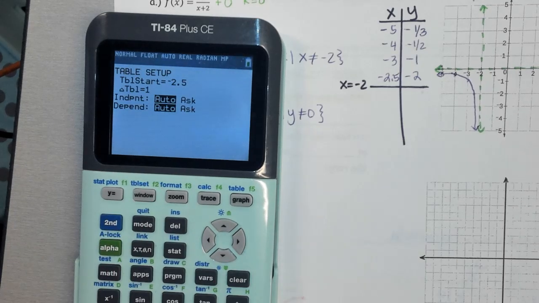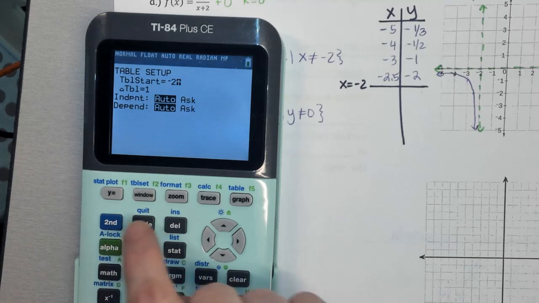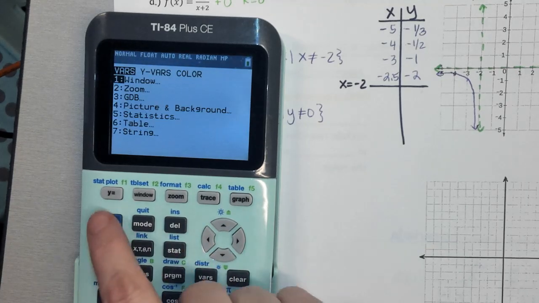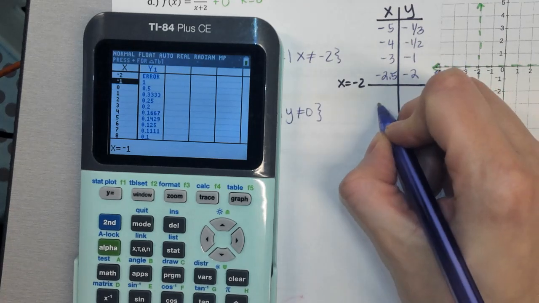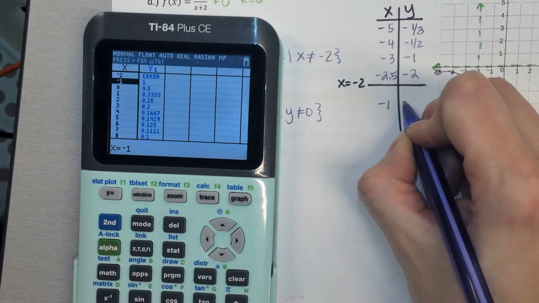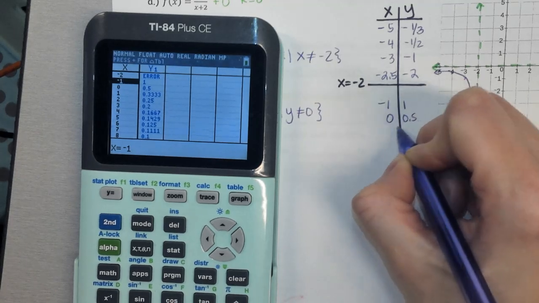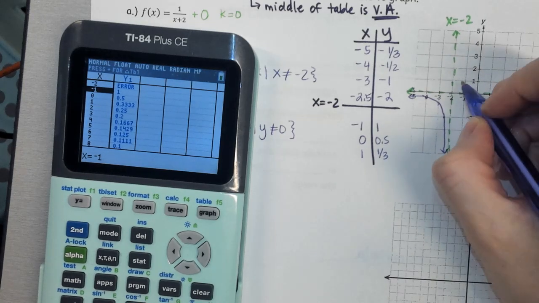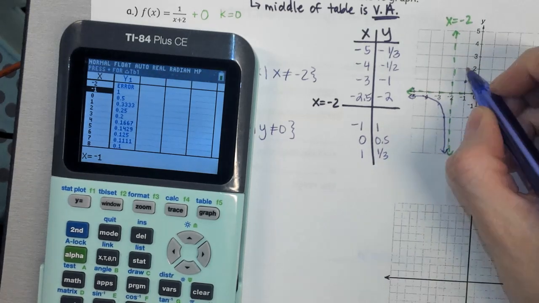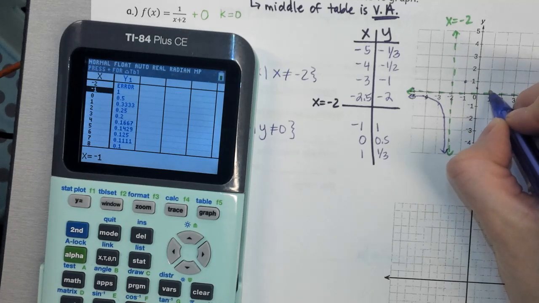And then we can put it back to, I'm actually going to start at -2 since that's the middle. Okay, so at -2, again, I'm going to leave some space here because at -1 I'm at 1, at 0 I'm at 1/2 or 0.5, at 1 I'm at 1/3. So -1, 1, 0.5, and then 1/3.